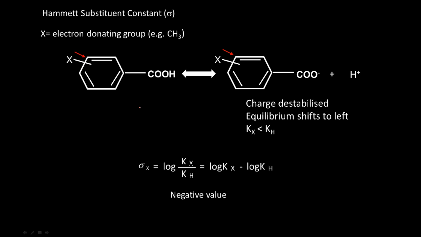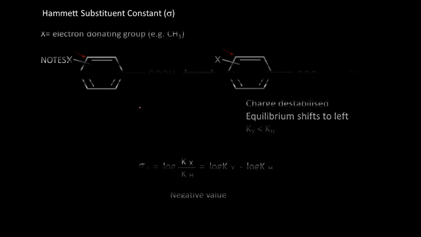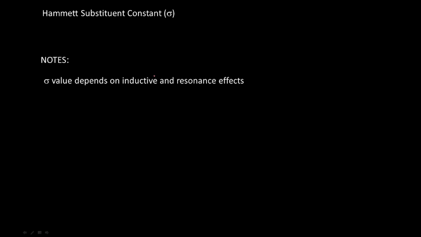This is called the Hammett substituent constant. Sigma value depends on inductive and resonance effects. Sigma also depends on whether the substitution is meta or para. That's also very important. We saw a long time back a table where meta and para have different values of dissociation constant.